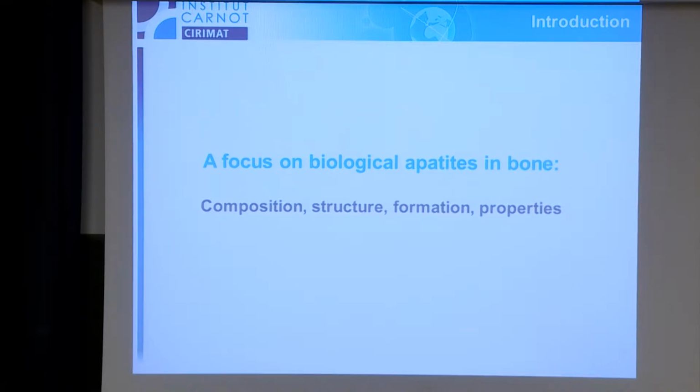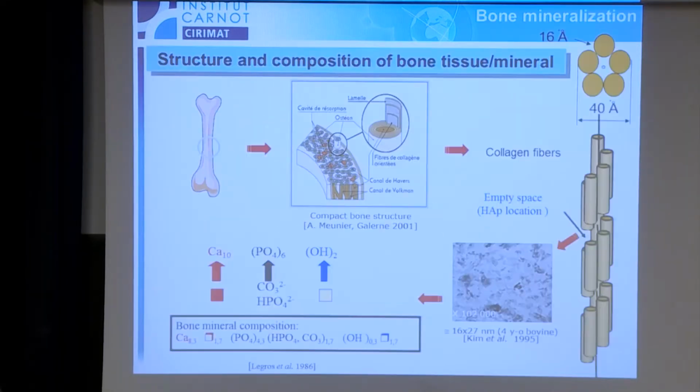So I will focus on biological apatite, the bone mineral in bone, especially on the composition, the structure, the formation, and the properties. If we look at the bone, it shows a very elaborated architecture. I think you probably heard about it during this week.